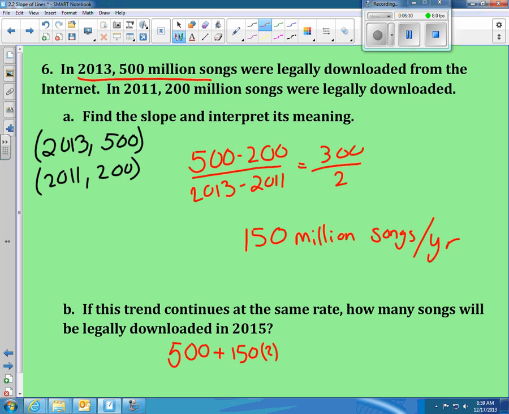So we're going to times that by 2. So we end up with 500 plus 300. So we are thinking that there's about 800 million songs downloaded in 2015.